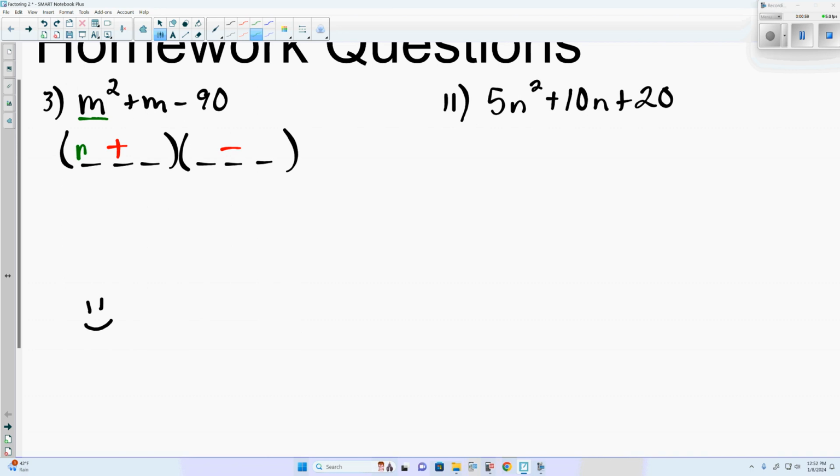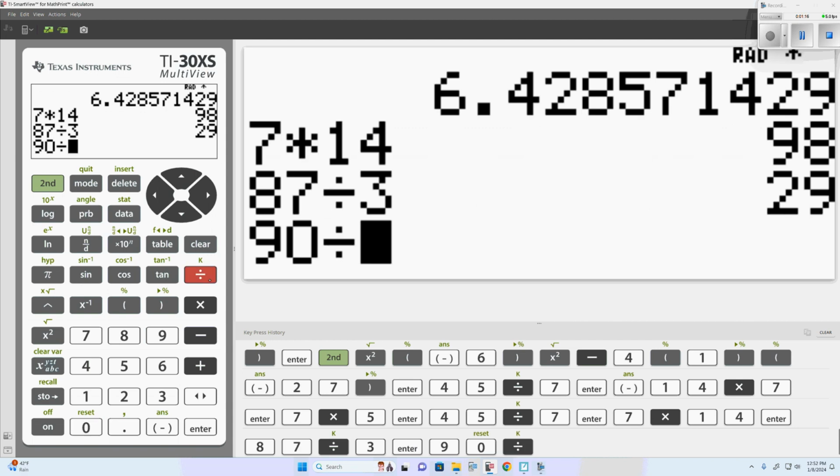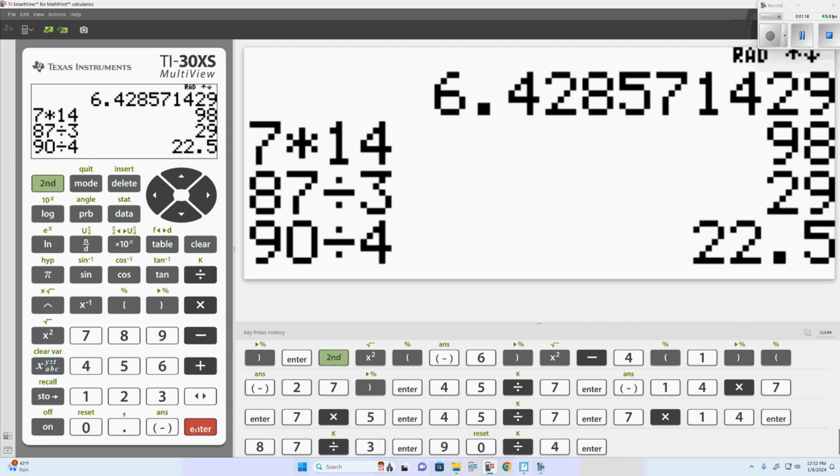Factors of m squared are going to be m and m. Now our factors of 90 are 1 and 90, 2 and 45, 3 and 30, 4, I do not believe divides into 90. Nope.